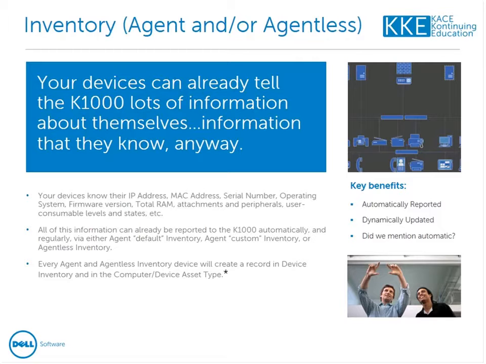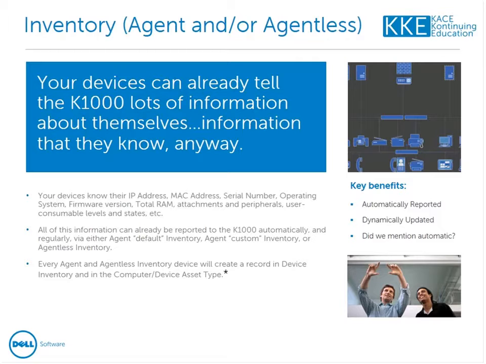We also have custom inventory that you'll need an agent for right now, so that you can pull in other items. Again, this is a dynamic thing. We're going to go check for the value of a registry key. Well, if that registry key value changes, the agent's going to report that information. So we're constantly pulling this information up into the K1000.